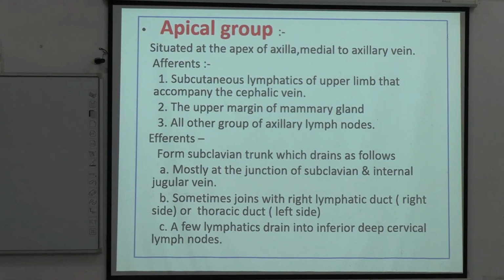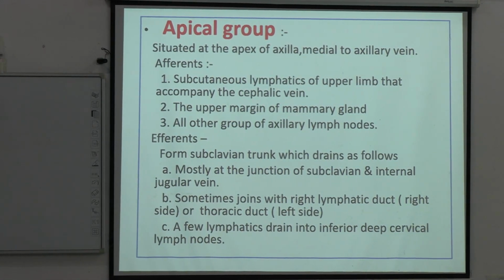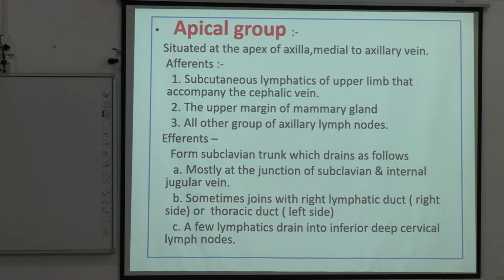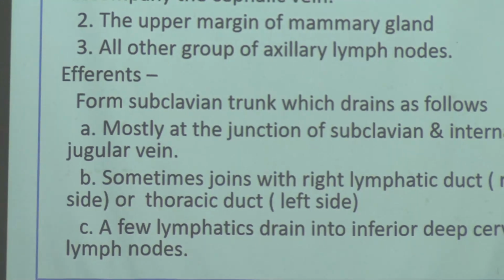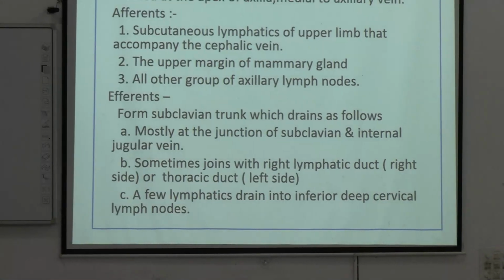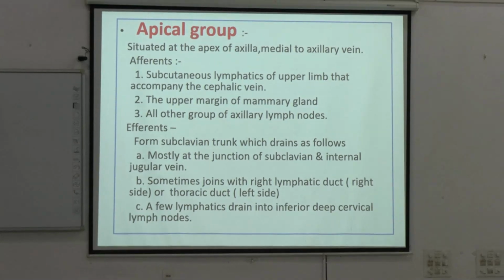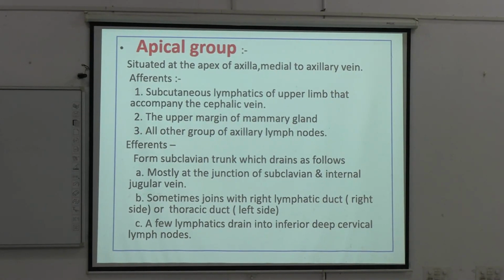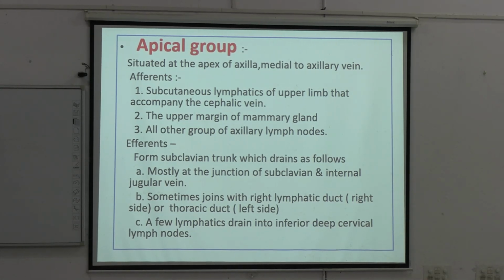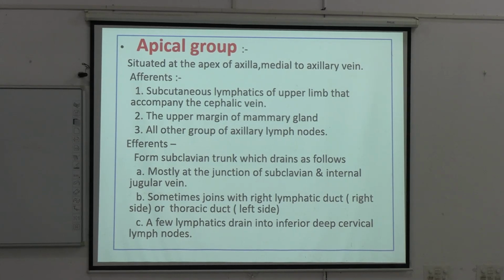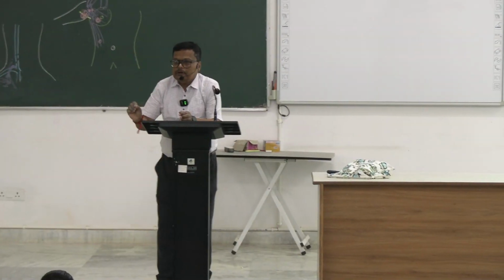So if there is a question about the axillary lymph nodes, you write an introduction in a paragraph, for 20 to 30 marks, how the classification is done in relation to the axilla, then the classification: apical, anterior, posterior, lateral, central. Then you describe one by one: apical, situation, afferent, efferent.